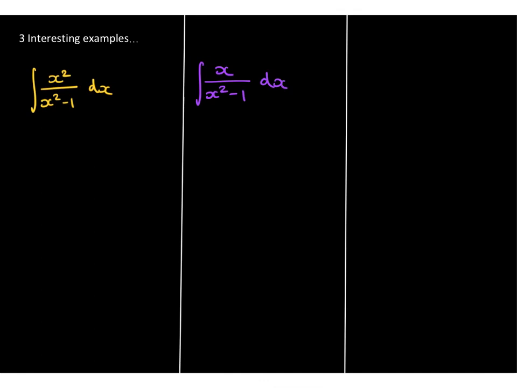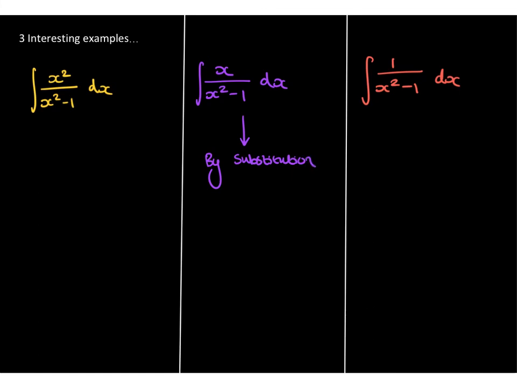And here's the third one, the integral of 1 over x squared minus 1. Now, which processes do you think would be used to approach each integral? Have a think.